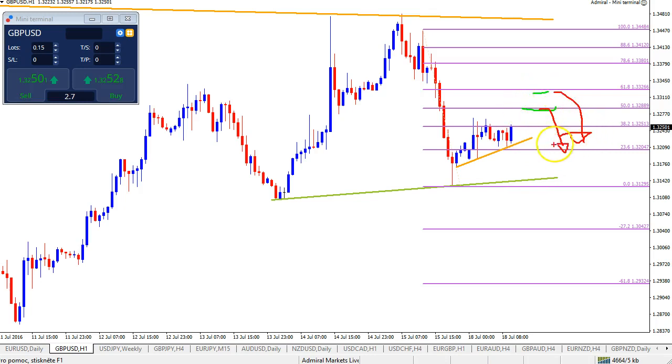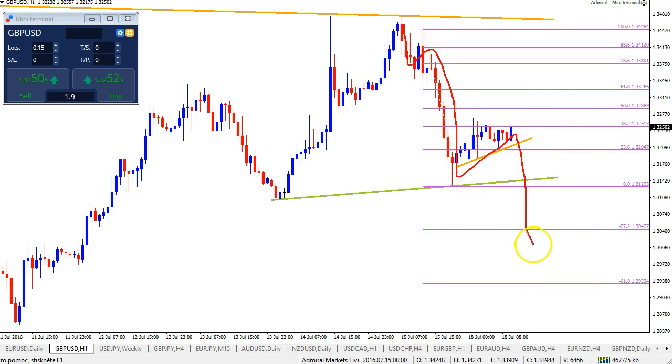But if it doesn't respect the 61.8 and pushes through that, then it is not looking as bearish as I expected. And if it does respect it, then this could be wave 5 going down to challenge these targets first of all. And if it does make 5 waves, by the way, that's also another indication that price might fall further after that as well.